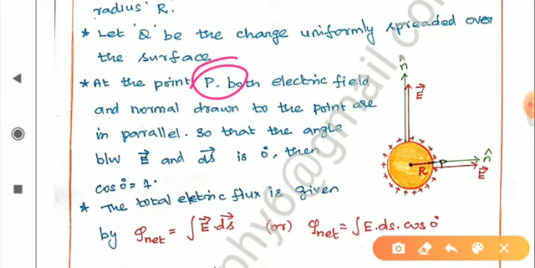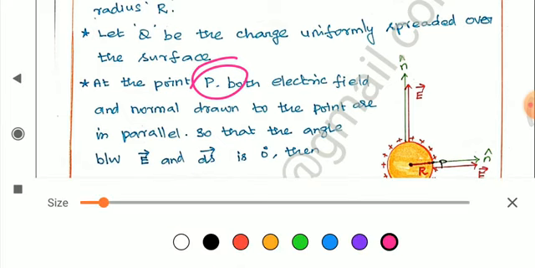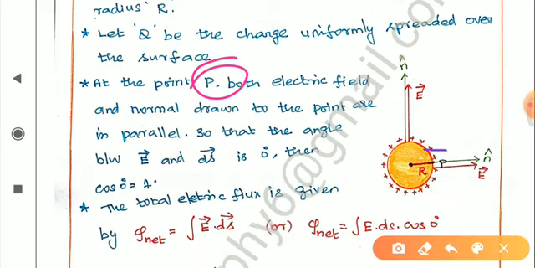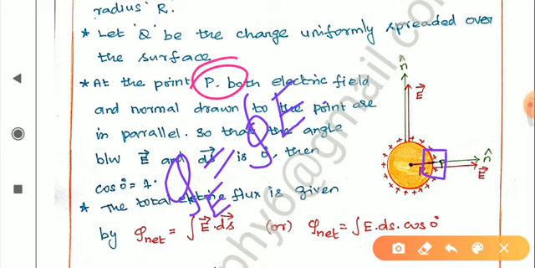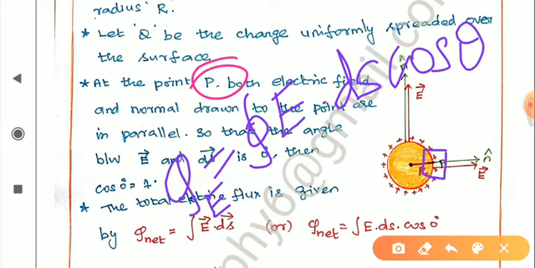Now, at this point P, we are going to calculate the amount of electric flux. What is the formula for electric flux? Electric flux, phi E is equal to closed integral E dot dS cos theta. What is theta? Theta is the angle between the electric field and the area vector.